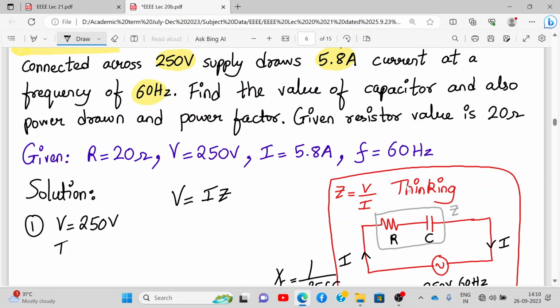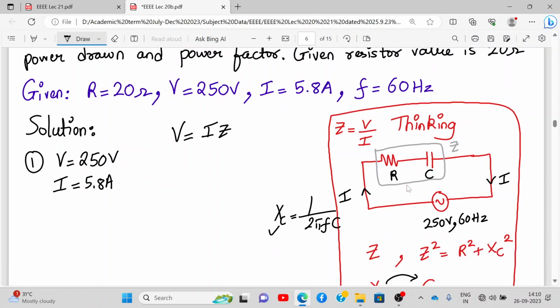And I is given as 5.8 amperes. So what will be Z now? Z will be V by I. So calculate Z: 250 upon 5.8. We are not writing in the polar form, we are just dividing VRMS by IRMS.